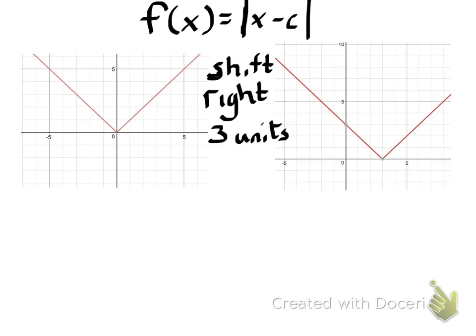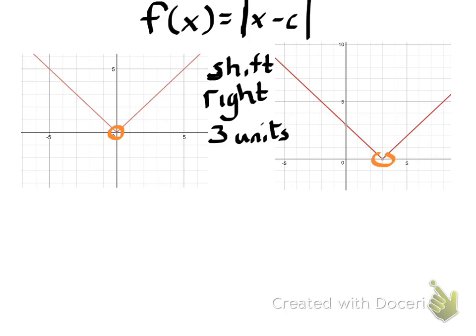Now let's look at what makes it move right and left. If we want to move to the right 3 units, we're going to shift to the right 3 by putting the number inside the absolute value. So we go from the vertex at (0, 0) to the vertex at (3, 0).